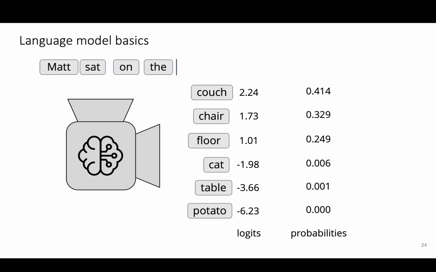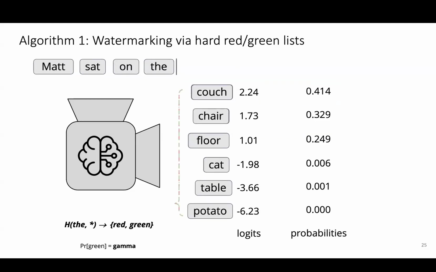What these folks observed is that you can partition the words into two categories. So for example, if you ran a hash function, which maybe outputs green with probability gamma and red with probability 1 minus gamma, you can take the last word, the, and the next words in the dictionary, so the comma couch, and map it to red or green, depending on whatever this hash function outputs.